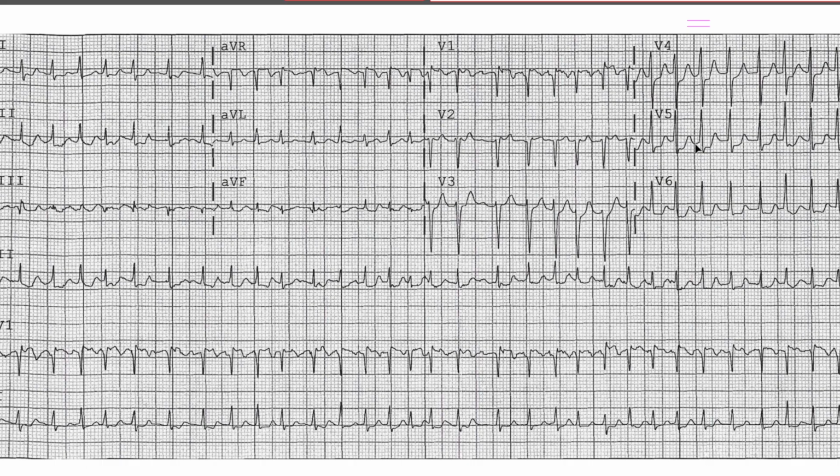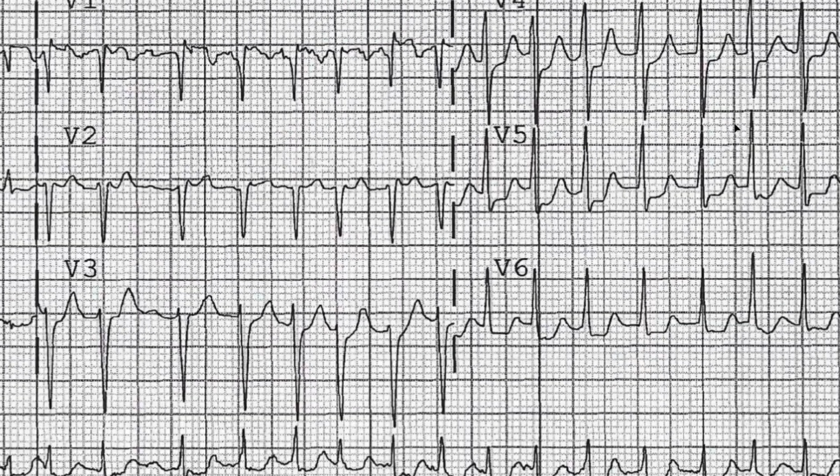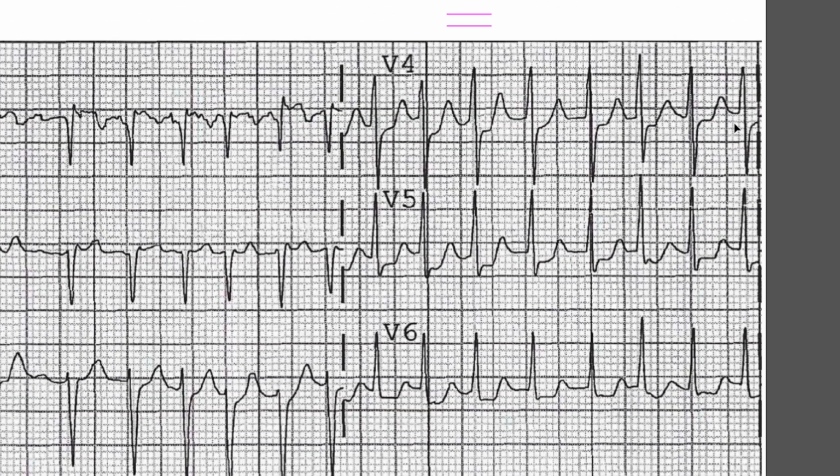Now, while I'm here, I'm noticing this ST depression. Let's zoom in here. See how the baseline is, for example, well, I'm going to move up a single lead here. So the baseline is right there, because the QRS is coming off of the baseline.